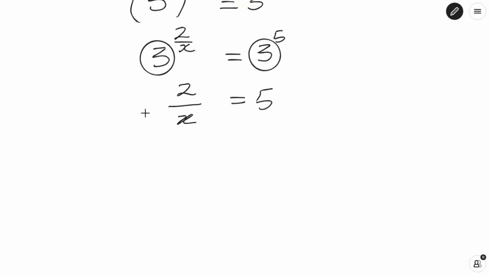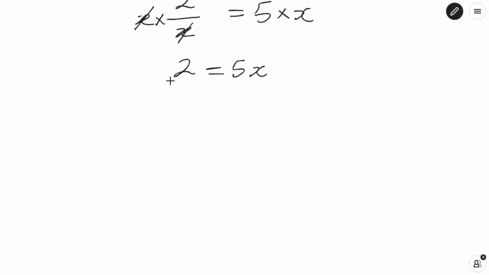And we can do that by multiplying both sides by x, because when we do that, that will get rid of this x in the denominator. So if we say times x, this side times x, this x and this x will cancel, and our equation will be 2 is equal to 5x.